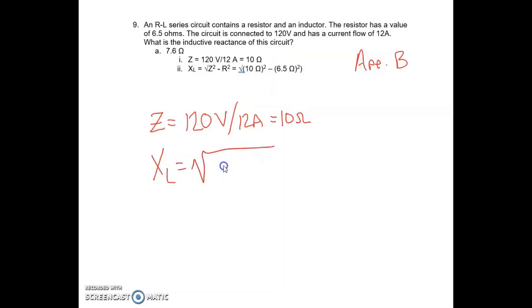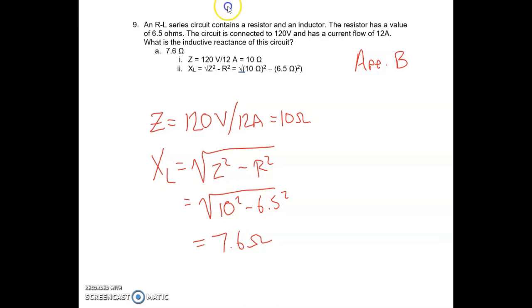That is the square root of impedance squared minus resistance squared equals the square root of 10 squared minus 6.5 squared equals 7.6 ohms for inductive reactance.